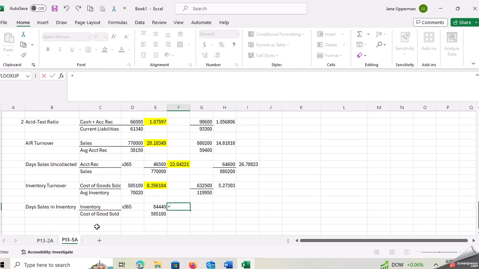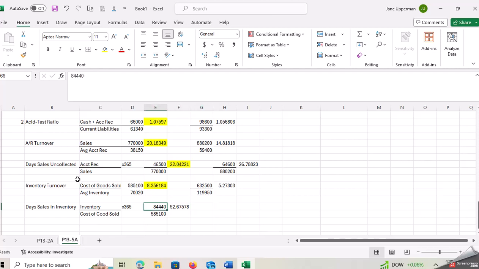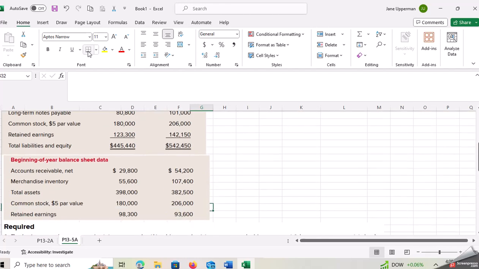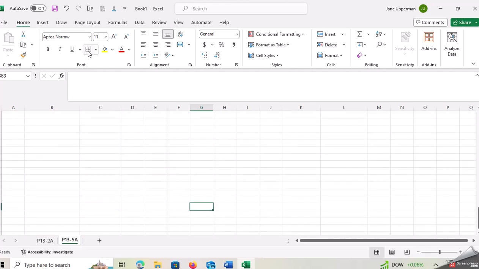We'll put it in parentheses: 84,440 divided by 585,100, and then multiply that by 365. So on average, our inventory is in the warehouse for a little over 52 days. Okay, then we'll come over to the next company, and their ending inventory was 132,500.